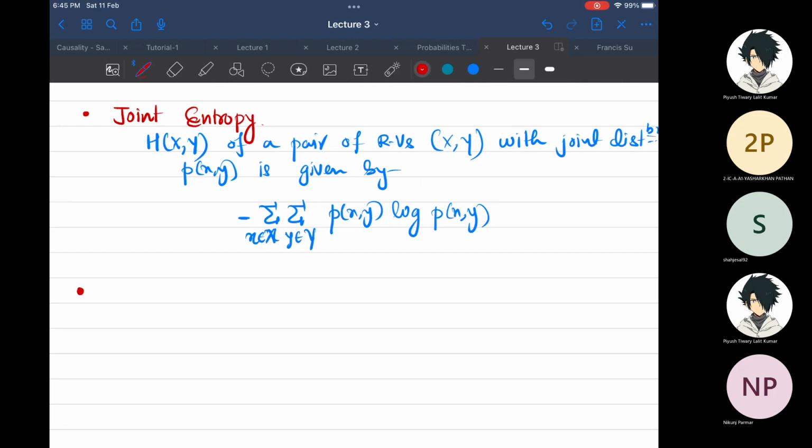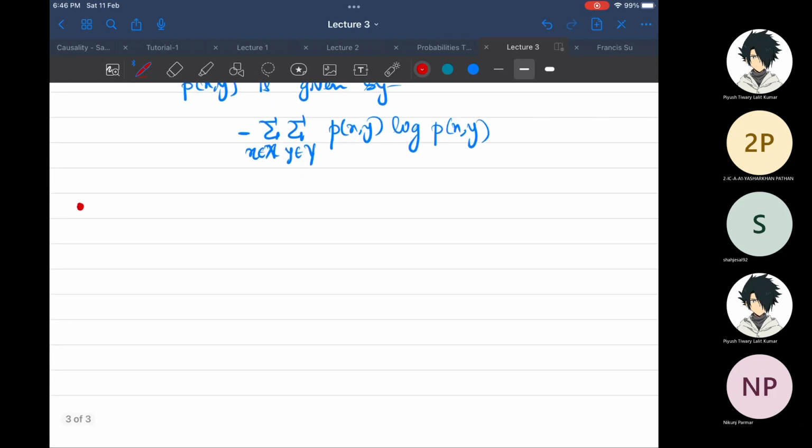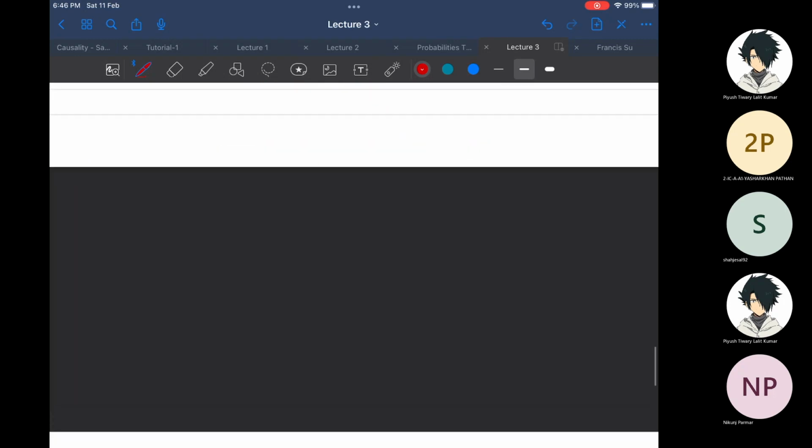Similar to joint entropy, you have conditional entropy. Let me add a new page.